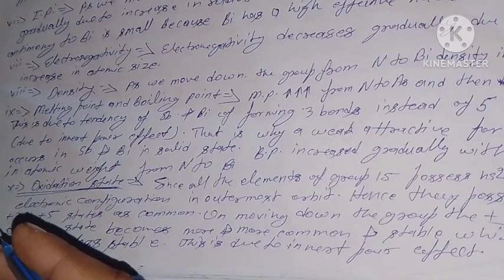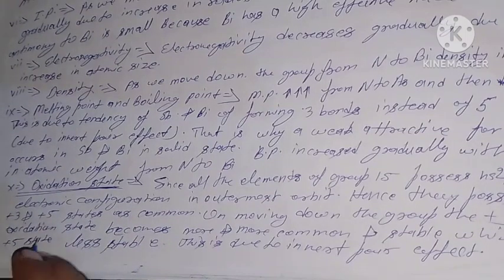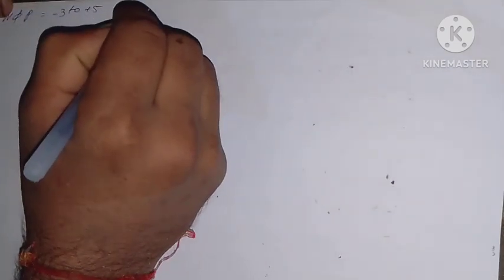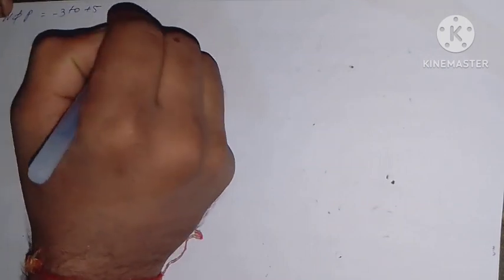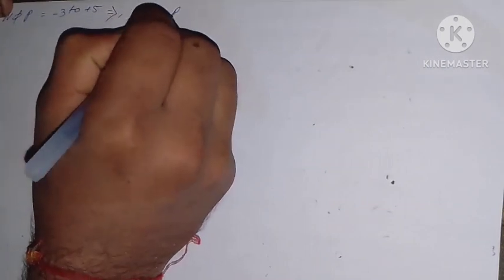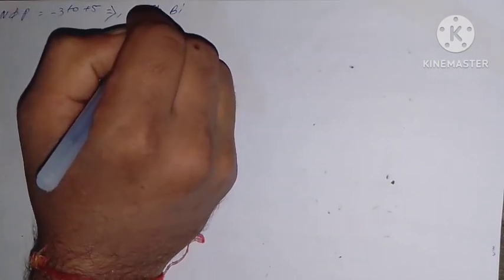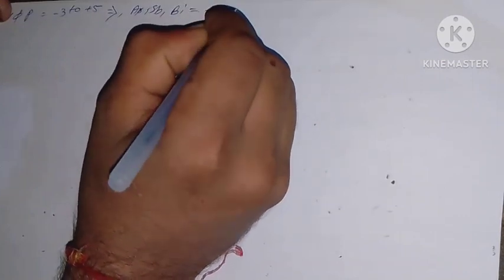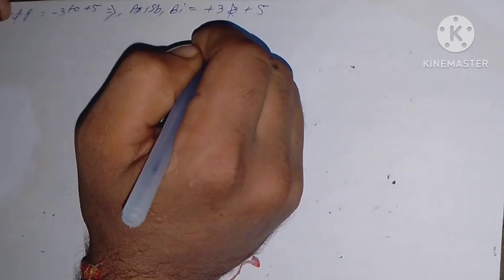Nitrogen and phosphorus show oxidation states from -3 to +5, whereas arsenic, antimony, and bismuth show oxidation states of +3 and +5.